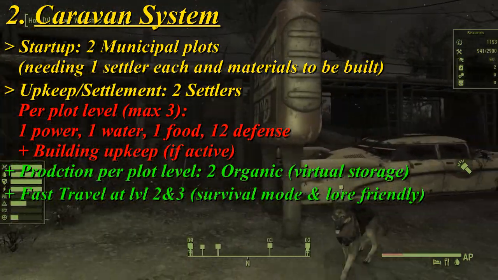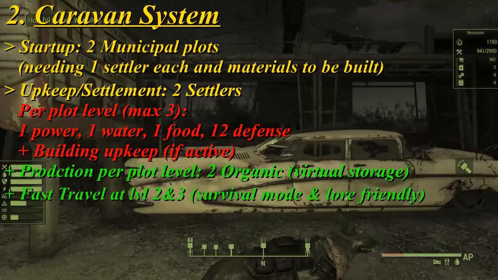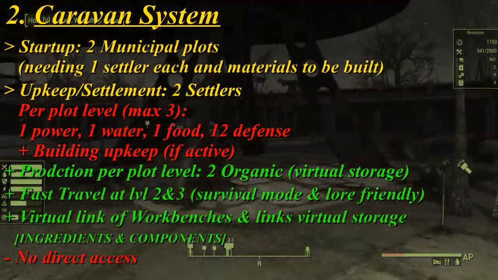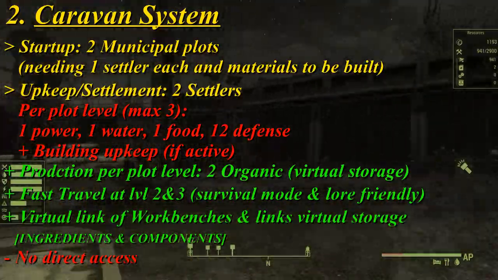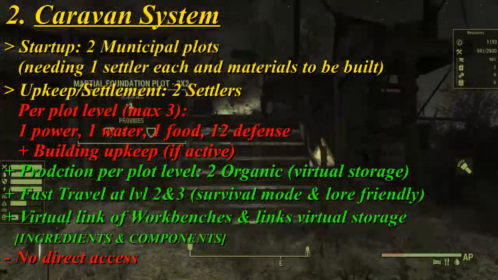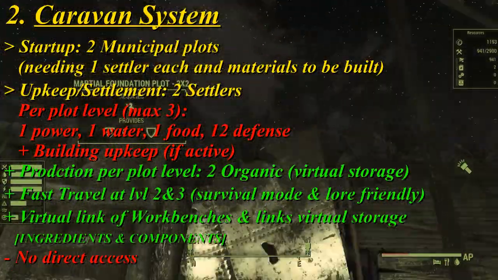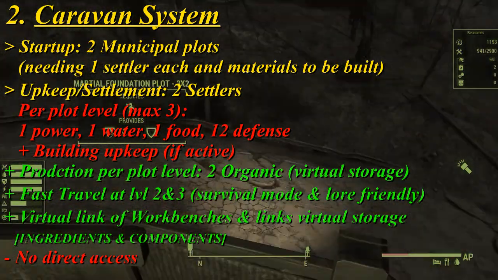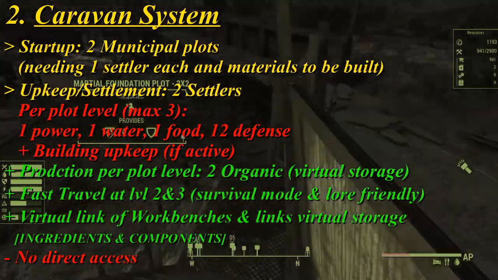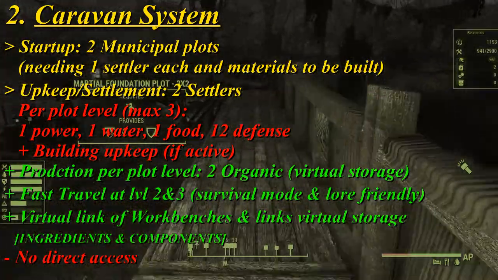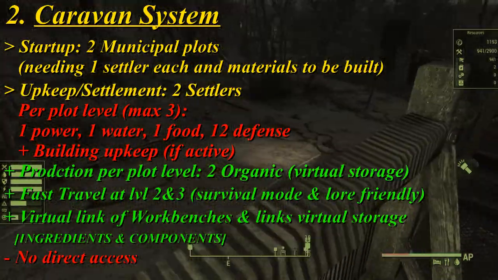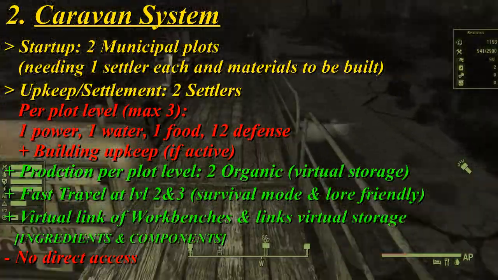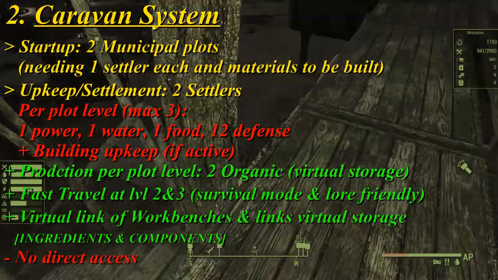So what does it link? The caravan system links the workbenches in the exact same way as the provisioner system does. No difference there. However, the caravan system also links the virtual storage. So now your plots at Abernathy Farm, for instance, can pay their upkeep cost with stuff stored in the virtual storage of Sanctuary.